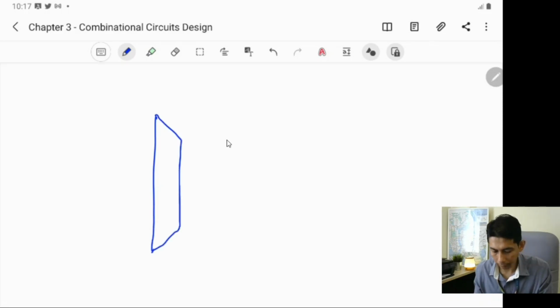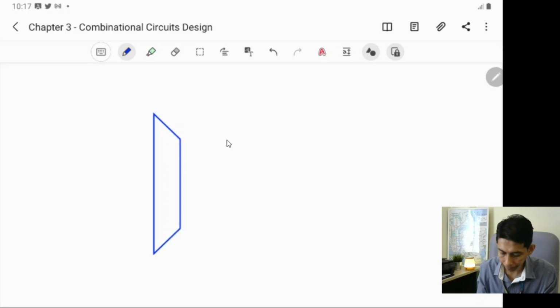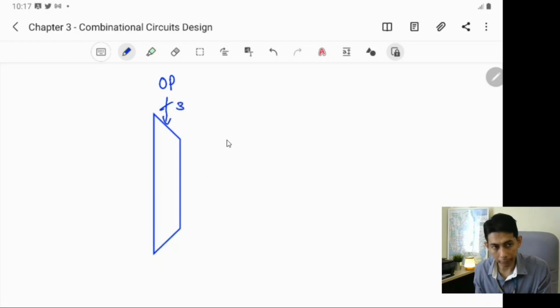Big multiplexer, just like that. And you have the control signal. This is called OP, and the size is 3-bit, right? Operand.